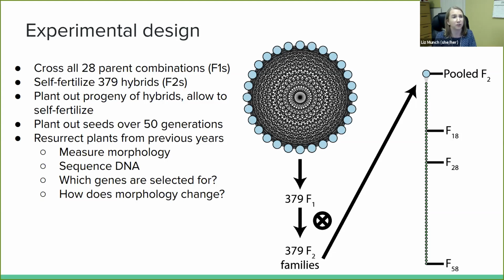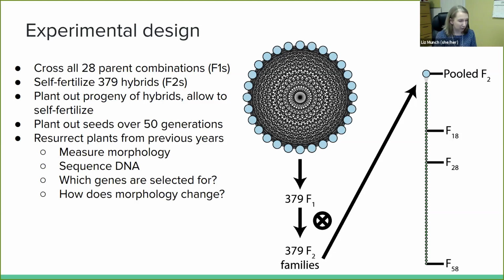And they did this for 50 generations, so 50 years. Now we have access to all of these seeds from 50 years' worth of data, and we have examples of barley spikes and all sorts of different information in terms of shape and structure, all the way down to the genetics that we can play with. I'll point out for those of you paying attention at home, 28 choose 2 is actually 378. There was an error somewhere in the original experiment, which is why we have 379. So nobody freak out in the chat.